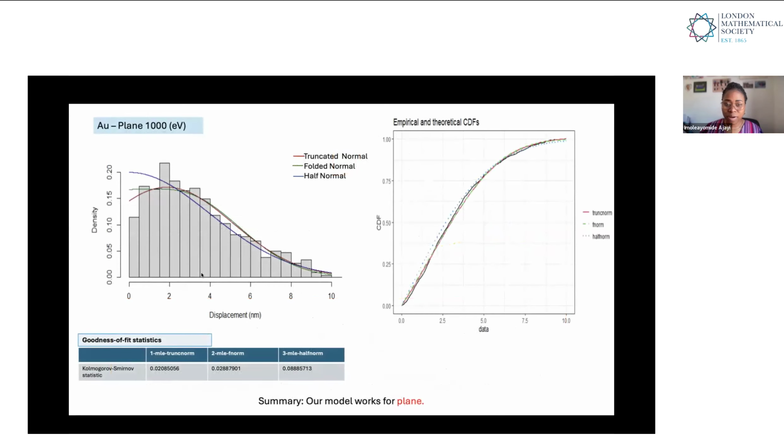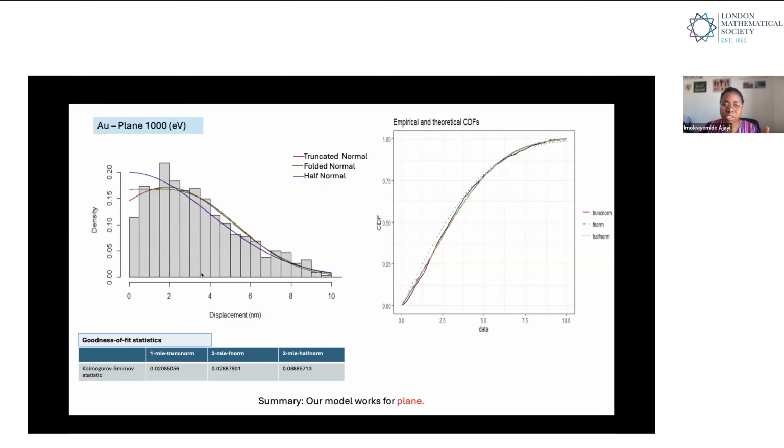And this is the result of our model. In this model, we can see that the histogram shows how the truncated normal distribution, against two other distributions, fits the density of low energy electrons that are generated within the sample.